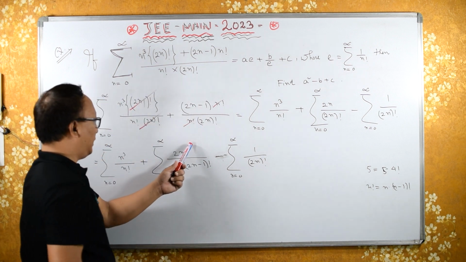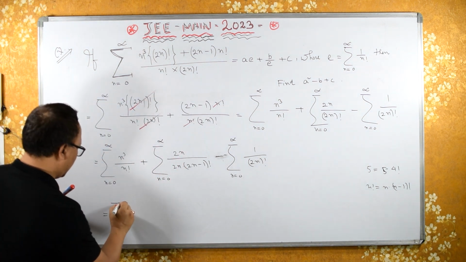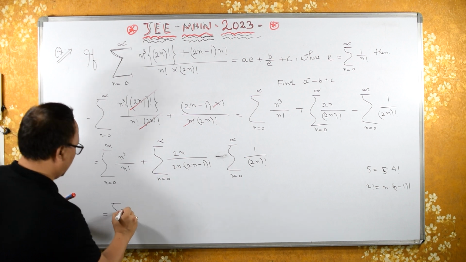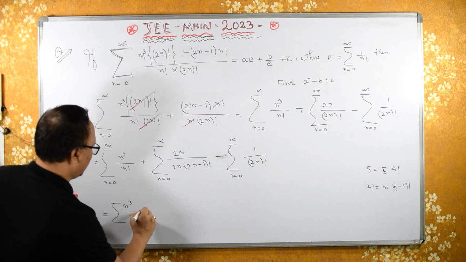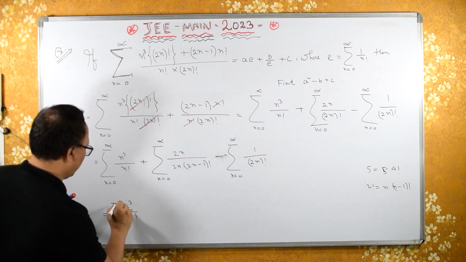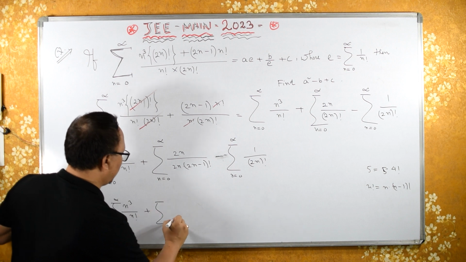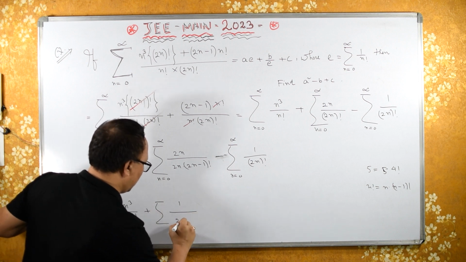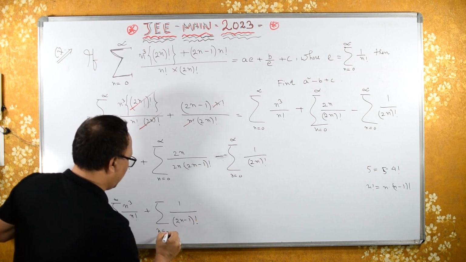Okay, now here this gets cancelled, so what we have is summation of n cube upon n factorial, where n goes from 0 to infinity, plus summation 1 upon twice n minus 1 factorial. Look at here.